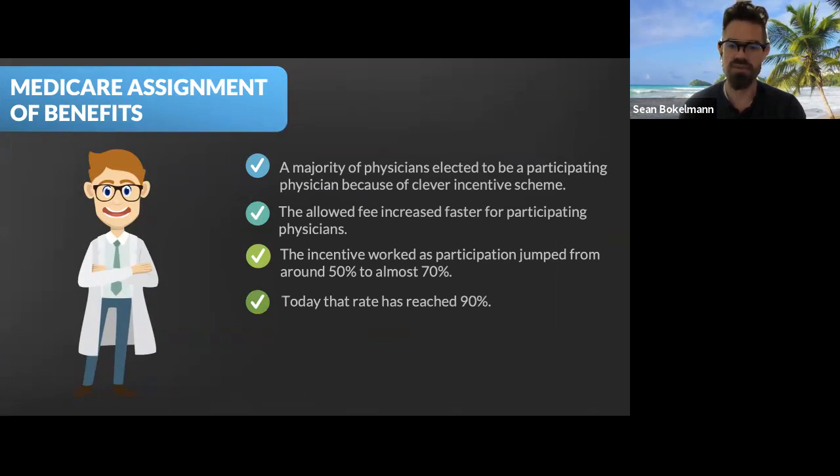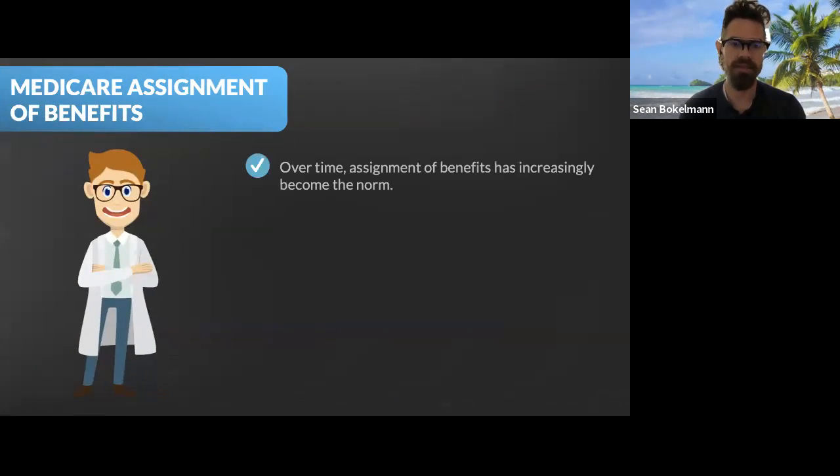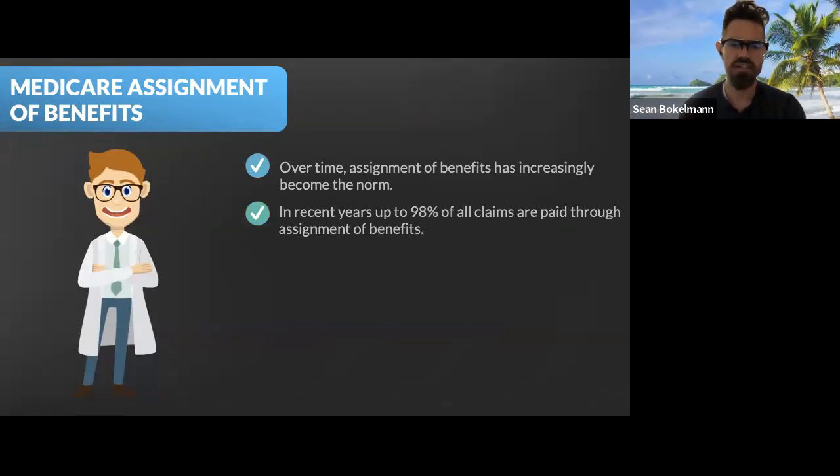And today that rate has reached 90%. So the incentives worked. It got physicians to become participating physicians. And over time, this has been increasingly the norm for physicians to take the assignments of benefits. And in fact, in recent years, almost all of claims are paid through this system, 98%.